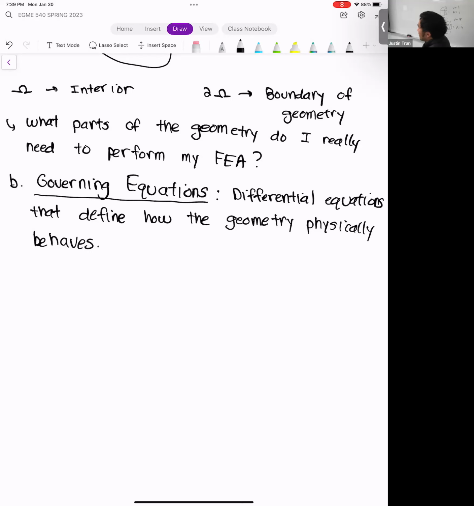So in ANSYS, we saw this interactivity. The first thing that we did in ANSYS was we said we're going to be solving a structural problem.